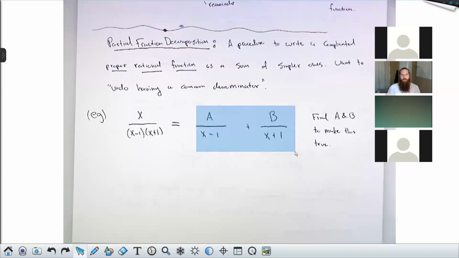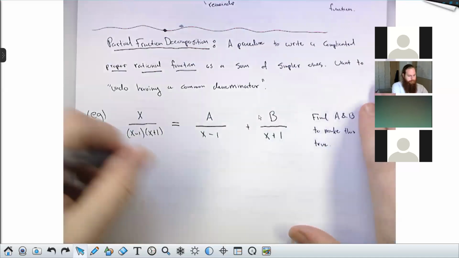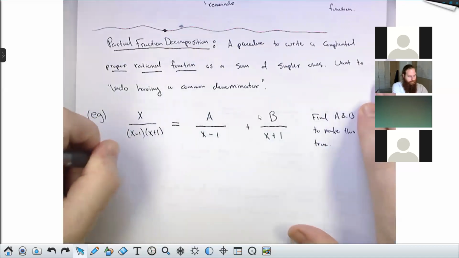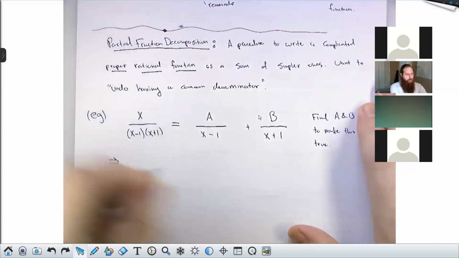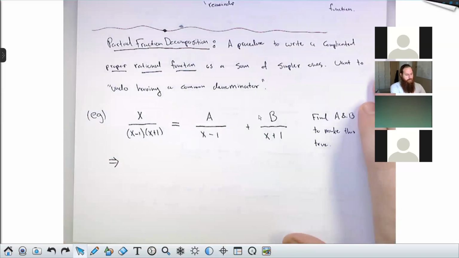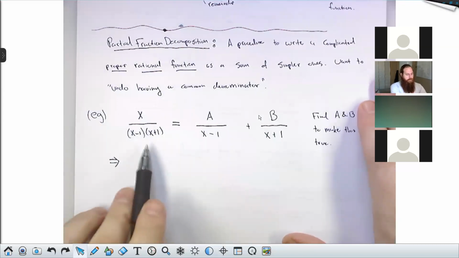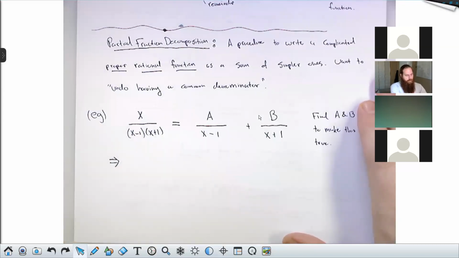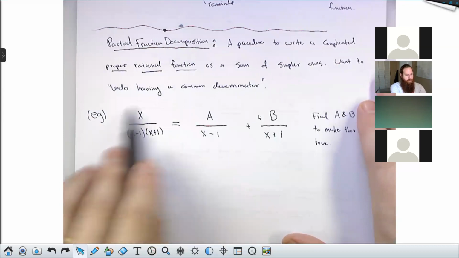If you add two things like this, you'll get something with this denominator. So then we just try to solve for A and B. If I cross multiply both sides by x minus 1 times x plus 1, on the left-hand side I'll just get x, right? X minus 1 times x plus 1 times this.